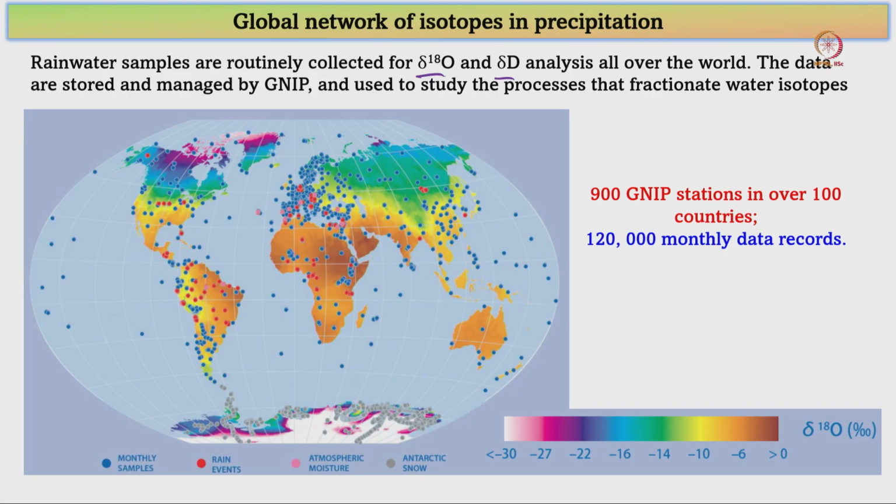There are specific programs such as the GNIP program, the Global Network of Isotopes in Precipitation, or the GNIR program, the Global Network of Isotopes in Rivers. These programs are run by the International Atomic Energy Agency in Vienna.